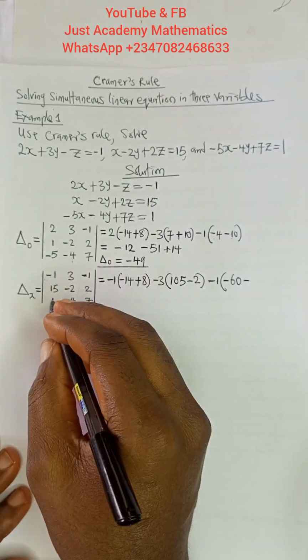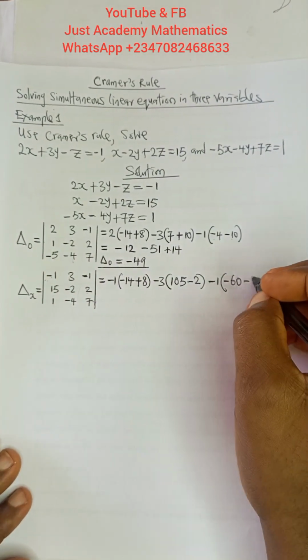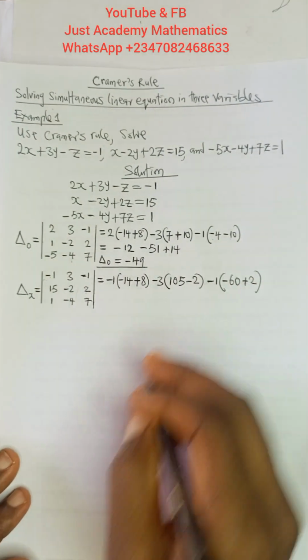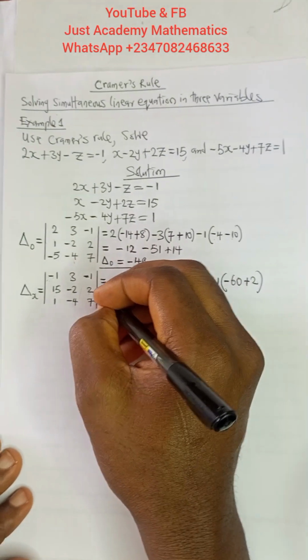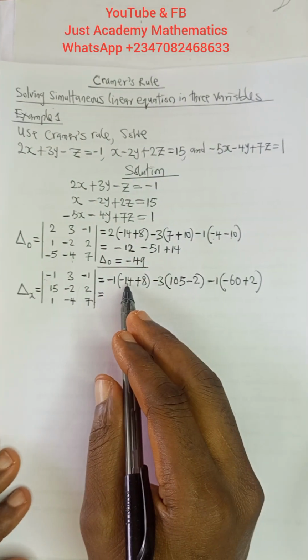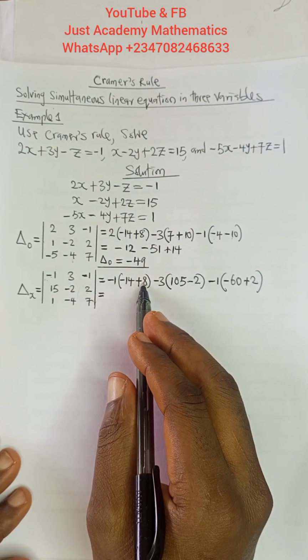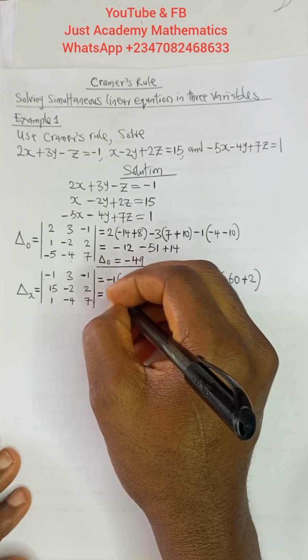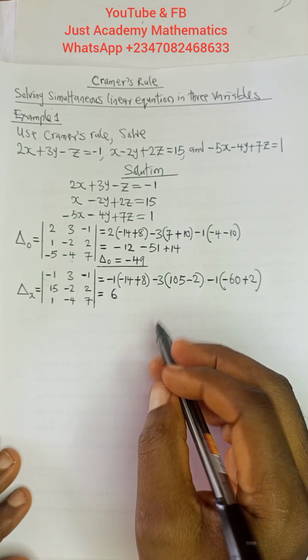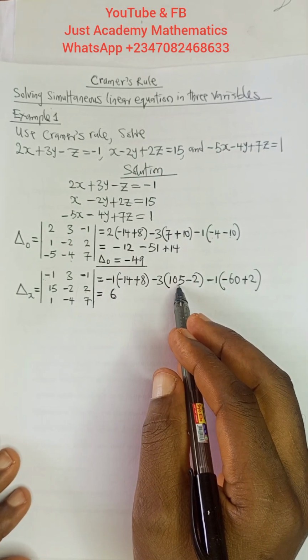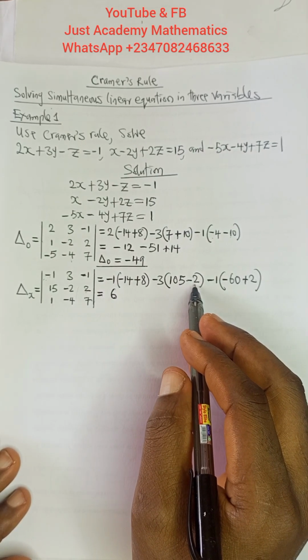Minus 2 times 1, minus 2. Minus 2 times minus will give us plus 2 here. So this one now becomes what? Minus 14 plus 8 will give us minus 6. Minus 6 times minus 1 will give us plus 6. Then 105 minus 2 will give us 103.